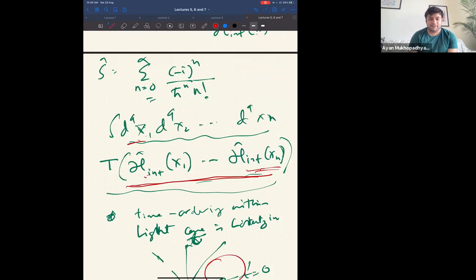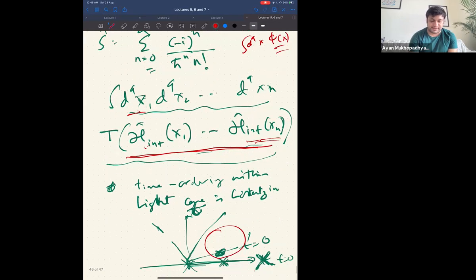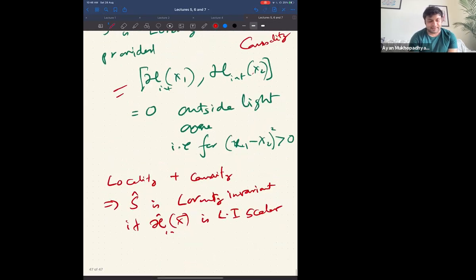If I integrate d4x of phi of x, and phi of x is a Lorentz invariant scalar, then this integral is Lorentz invariant.